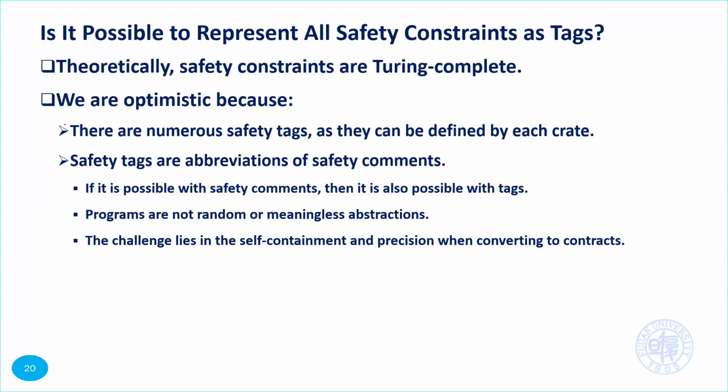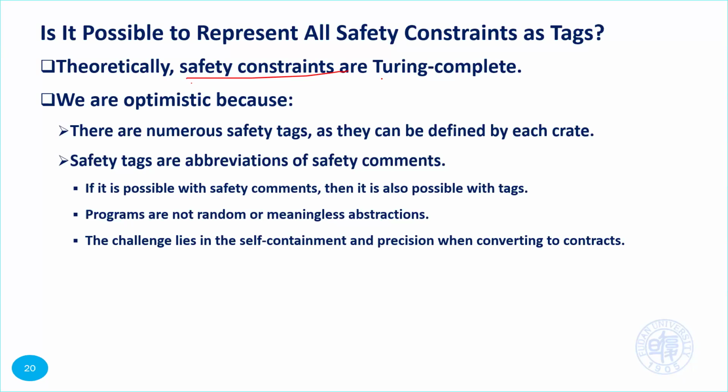Now we have a question: is it possible to represent all safety constraints as tags? In the previous example, especially for transformation, safety tags can be transformed to other tags. And theoretically, these safety constraints are Turing complete, so it might be difficult to represent with only tags and parameters.